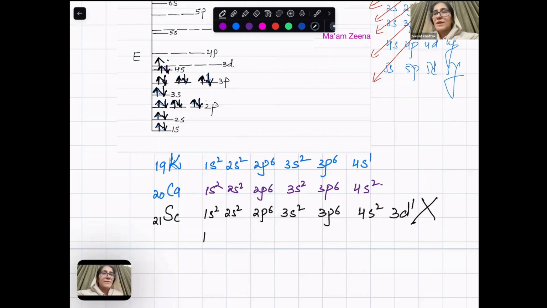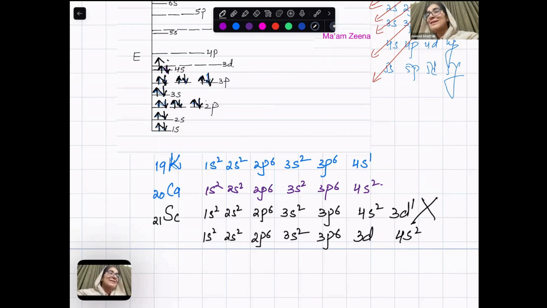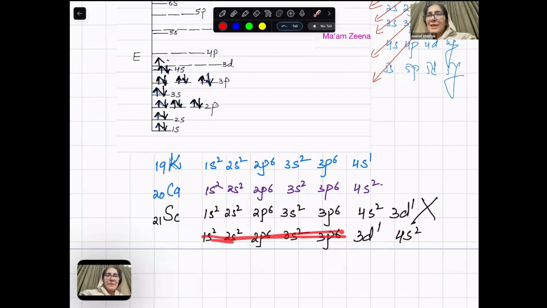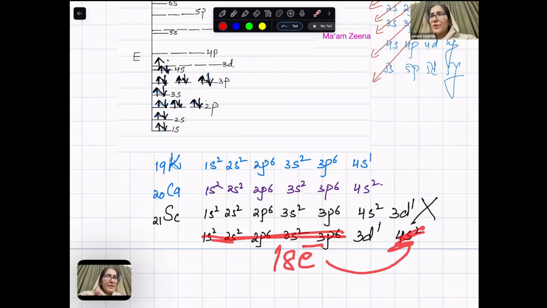This way: 1s2, 2s2, 2p6, 3s2, 3p6, 4s2, and 3d1. After 3p, fill the 4s first. After 18 electrons, first you fill the 4s, then the remaining electrons in 3d.